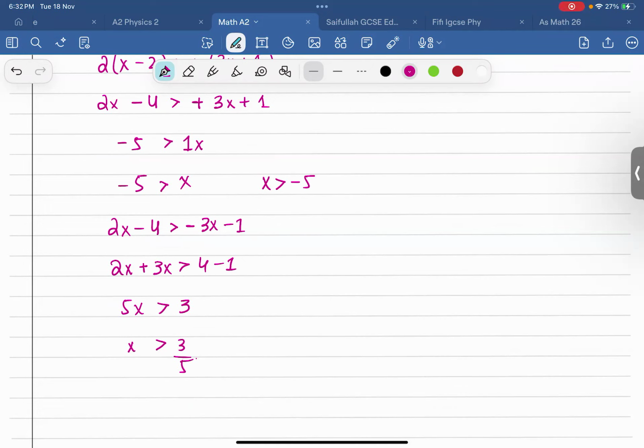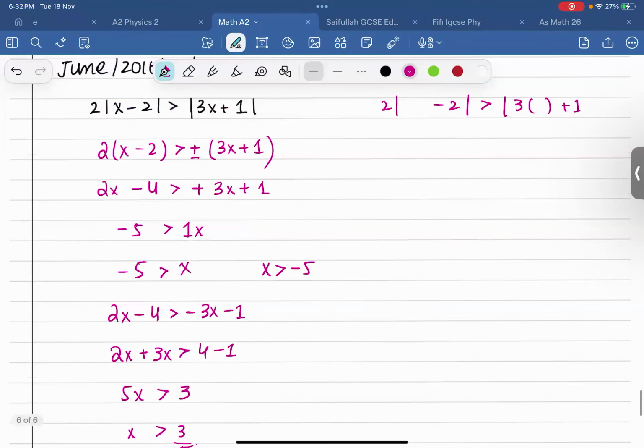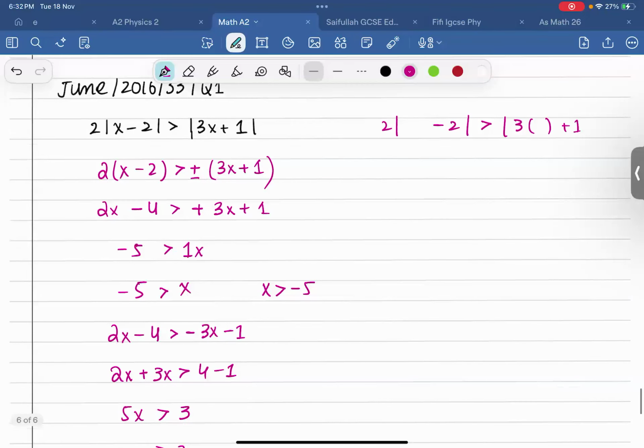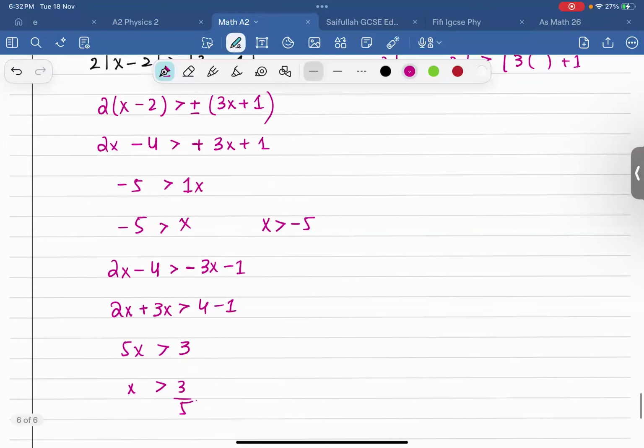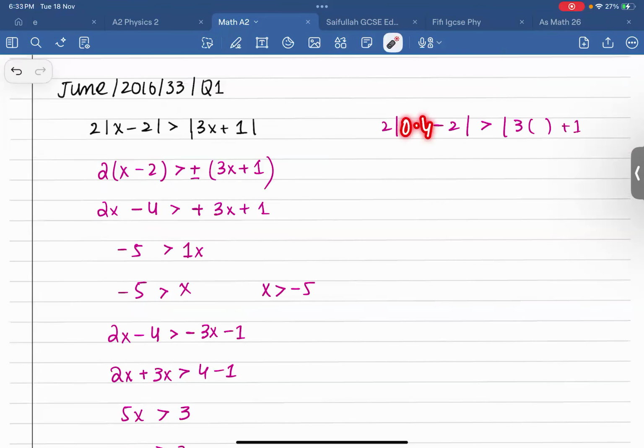Or let's see. So 3 over 5 is 0.6, okay? So if you put 0.4, a smaller value, then 0.4 plus negative 2 gives me negative 1.6, positive 1.6, so 3.2 from this side.